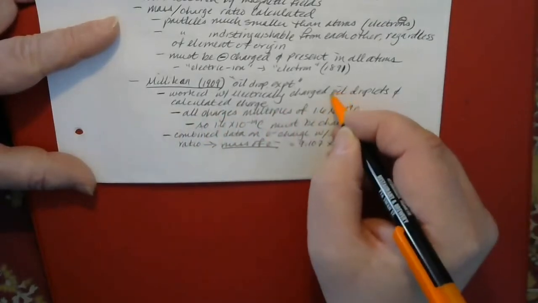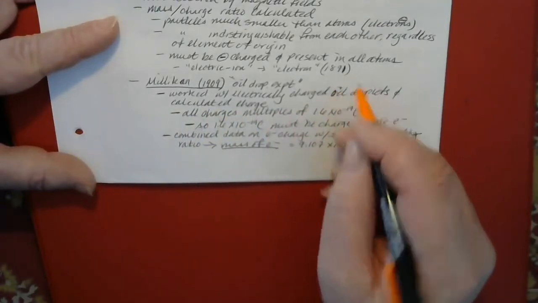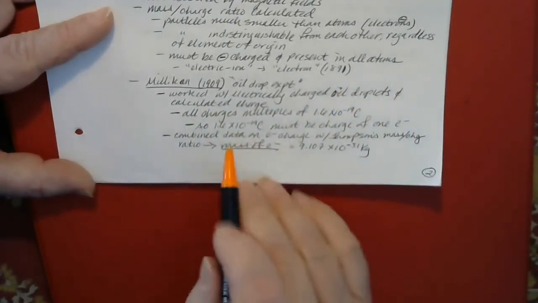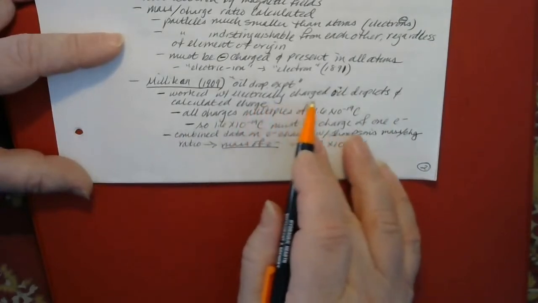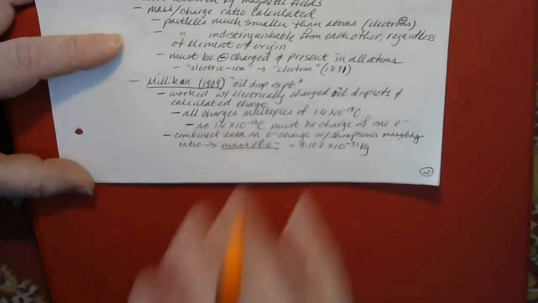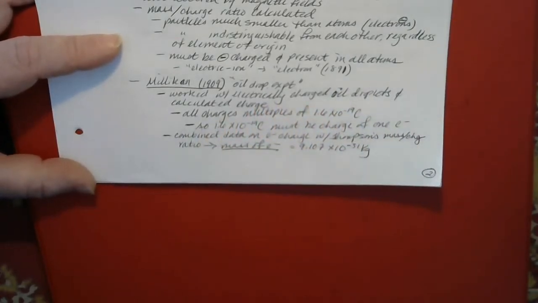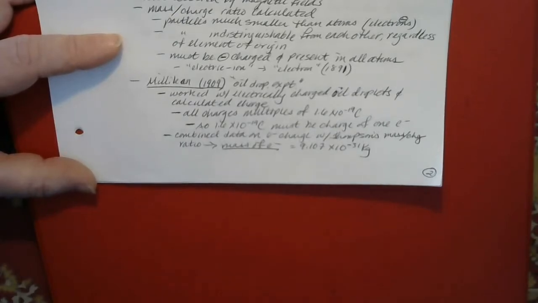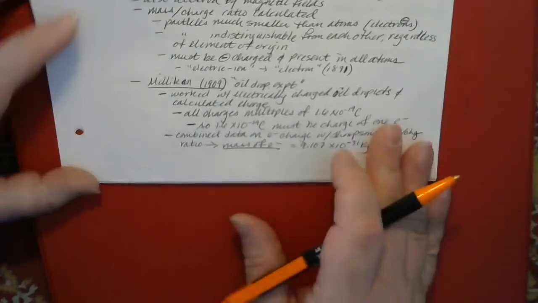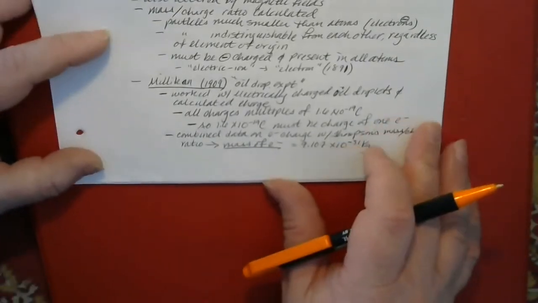He found that oil droplets, tiny, very, very small oil droplets, could easily gain electric charges and then could be affected by electric fields, say from charges applied to electrodes or metal plates on either side of the container that the oil droplets were in.